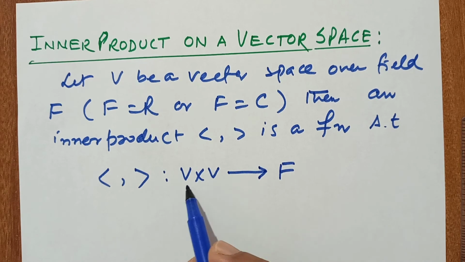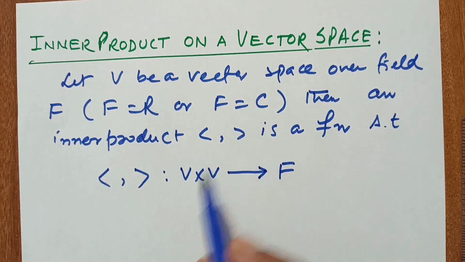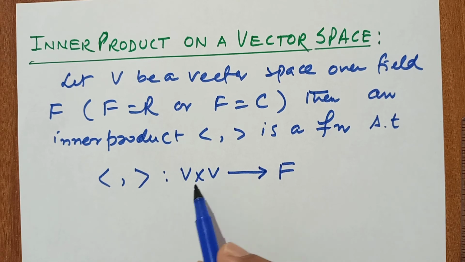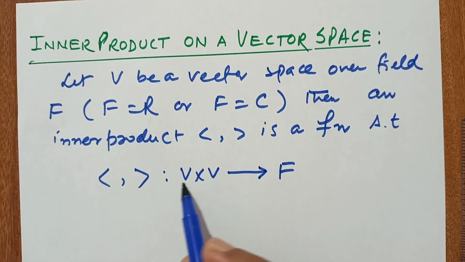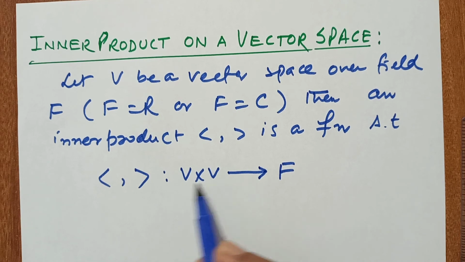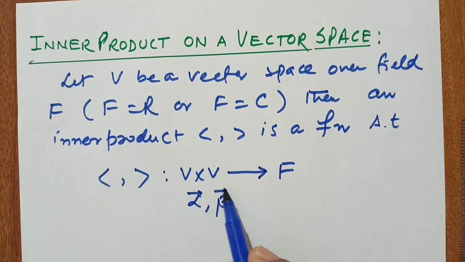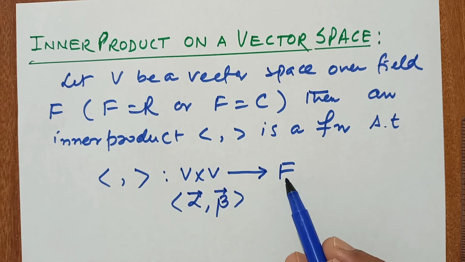The first element is from the vector space and the other is also from the vector space, as we have defined A cross B. So the inner product of alpha and beta is an element of F.